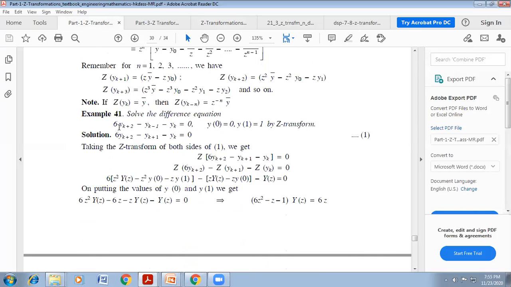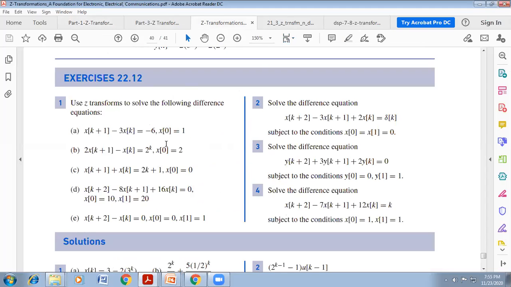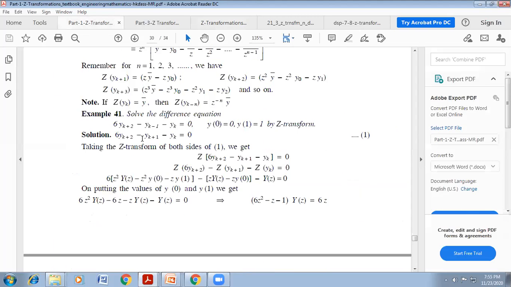This yk plus 2 can be written like this: yk plus 1, xk plus 1, and so on. This is the difference equation of second order. So two initial values are given, and here y is the dependent variable and k is the independent variable. Remember it. By Z transform, we have to solve this.